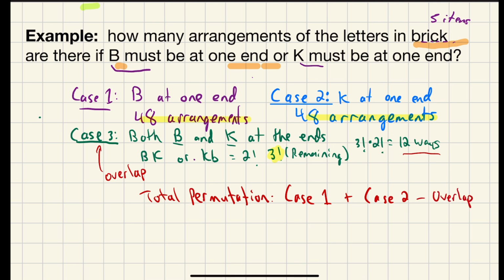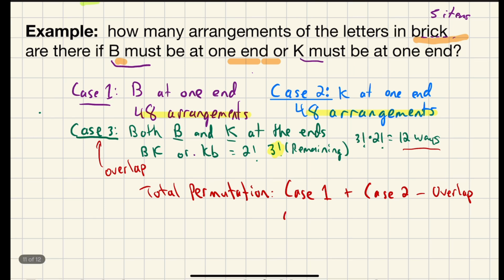That's because if B and K are together at one end and together at the other end, then you're counting once again the times that B is at one end and the other end, and K is at one end and the other end. So to avoid overcounting, we're going to subtract that overlap. So in this case, we would go 48 plus 48 and then minus 12. And so the total number of permutations here is going to be 84.